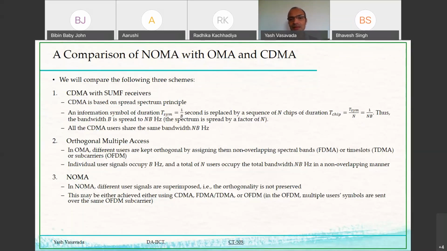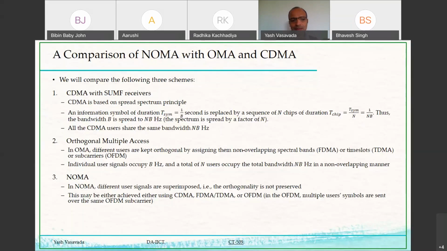So NOMA is that way kind of a paradigm shift. I would say the basic ideas of NOMA were present for a long time, maybe last 15, 20 years, when the ingredients of NOMA were formulated.